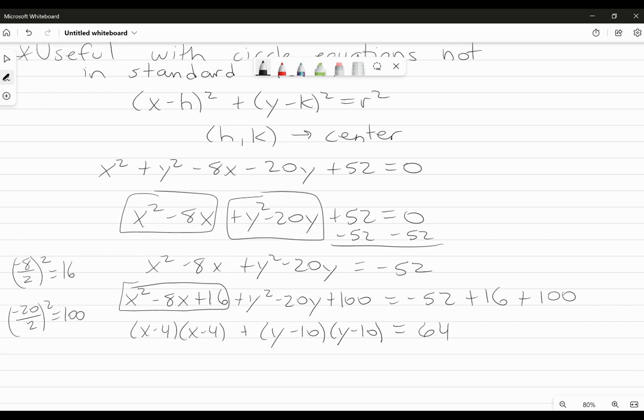All right, so I can rewrite the x minus 4 twice, which becomes x minus 4 squared, and then the y minus 10 twice is y minus 10 squared, equal to 64. And so now the completing the square method is really helpful because I can tell you the center of this equation for the circle is (4, 10), and the radius is 8 because the square root of 64 is 8. So we're just going to practice completing the square and using that to help us with our equations of circles.